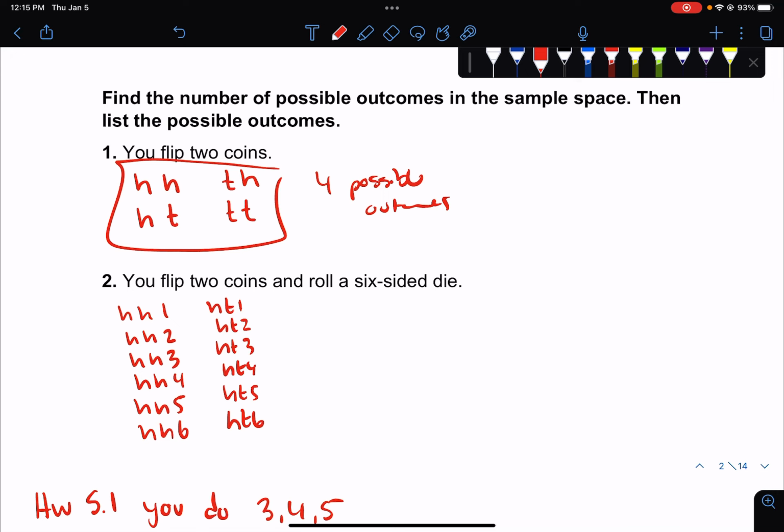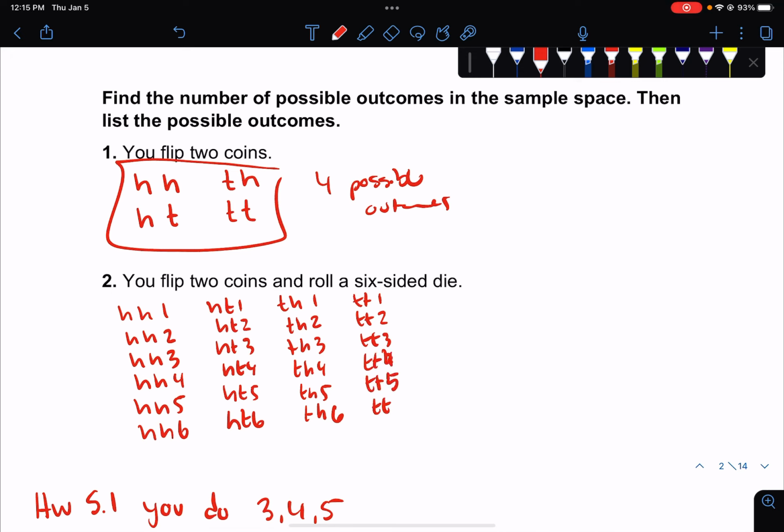I could also get tails first and then heads, with a 1 through a 6. Or I could get tails, tails, and a 1, tails, tails, and a 2, tails, tails, and a 3, and so on. I know sometimes this feels a little bit tedious. In some cases, this sample space is going to help you answer questions later. Sometimes you don't need the sample space. It just depends on the problem that you're trying to solve.